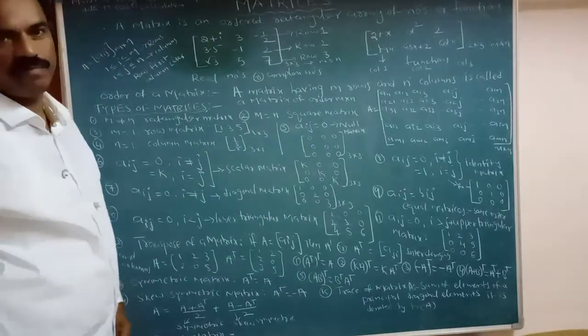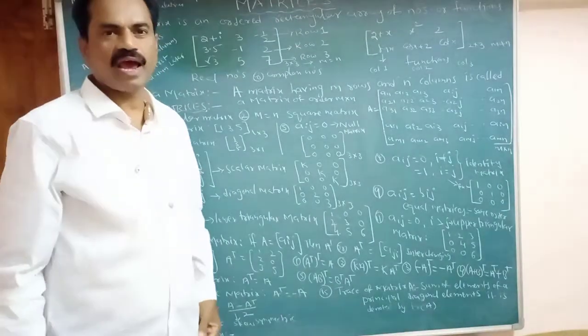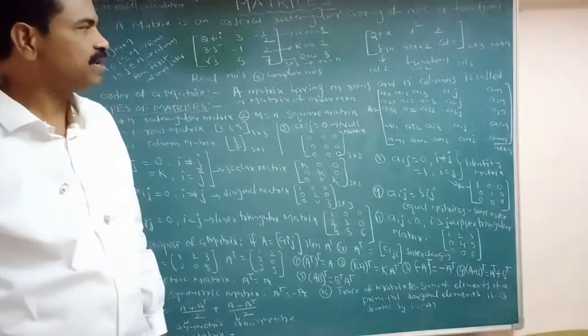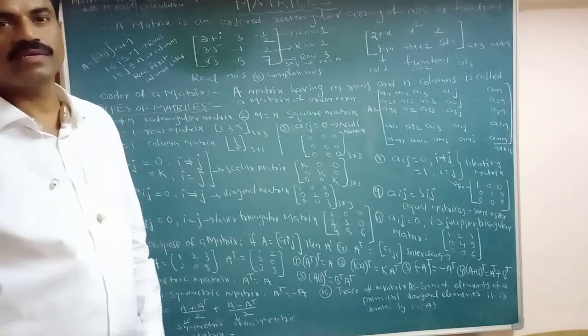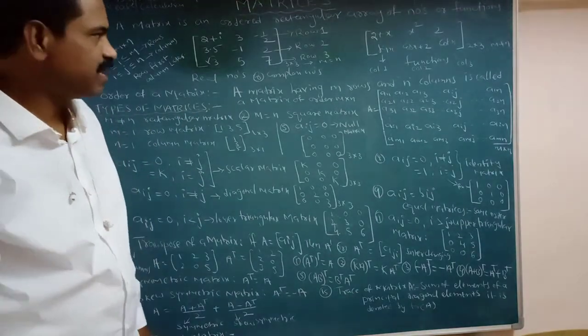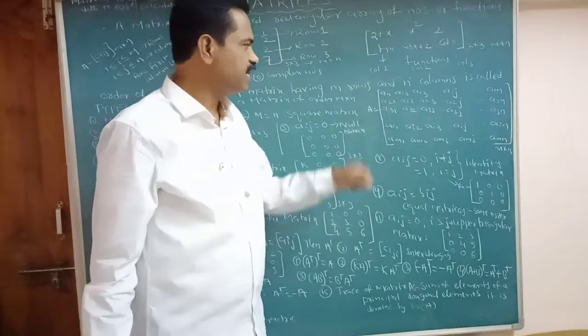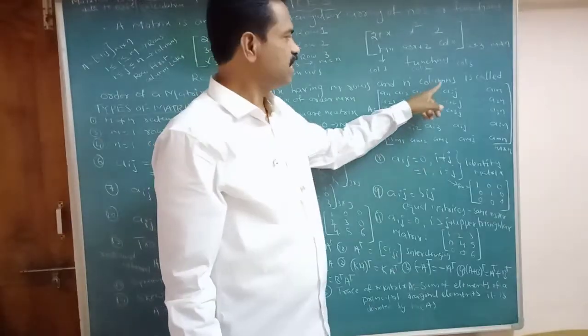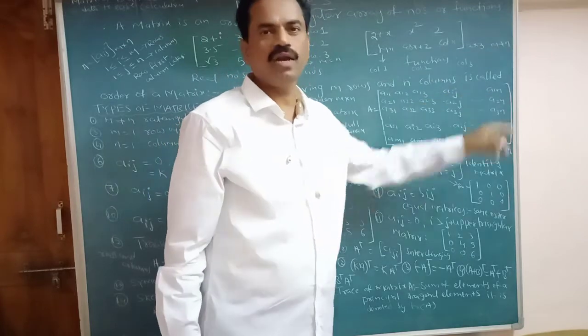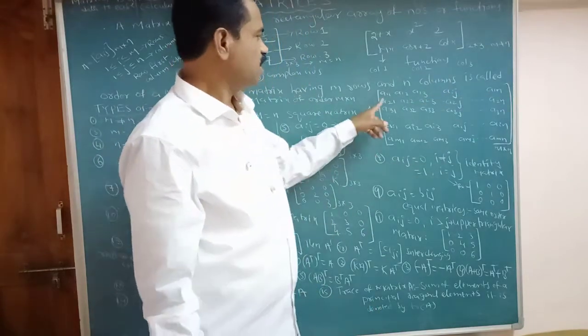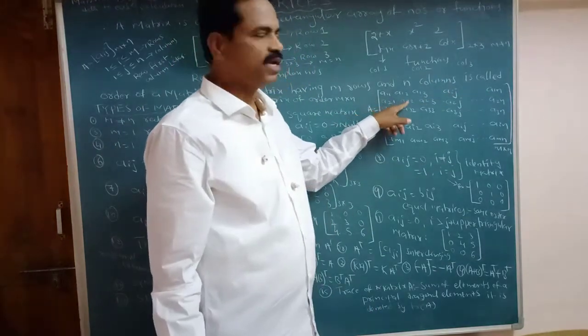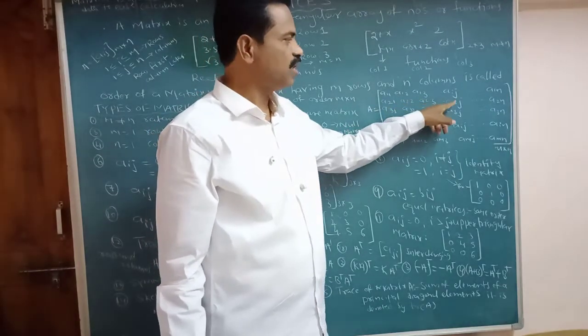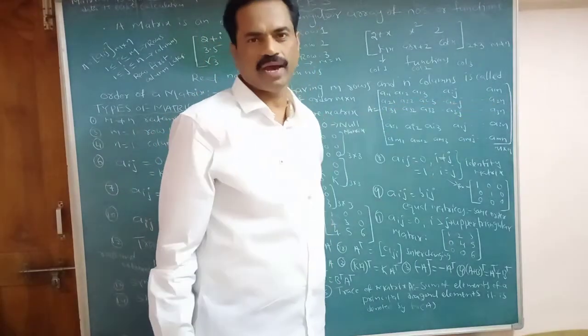Now, the order of a matrix. A matrix having M rows and N columns is called a matrix of order M by N. For example, let A equal the matrix with first row A11, A12, A13, and so on, A1j, so on, A1N. Next row A21, A22, A23, so on, A2j, so on, A2N.